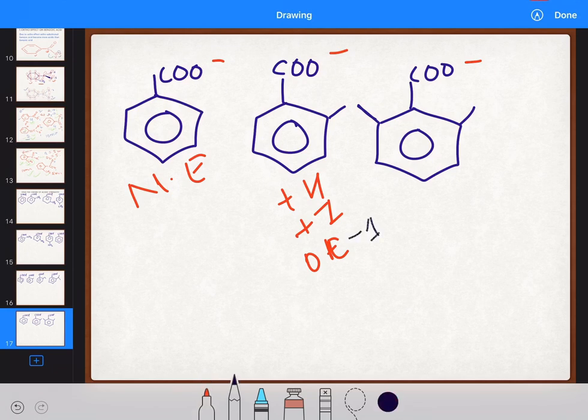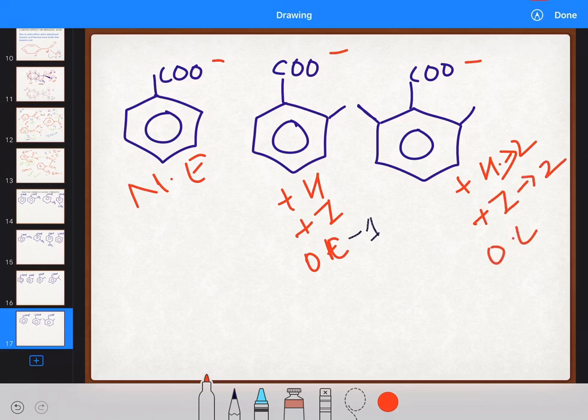Now the second one, we see, this one has 2 plus H effects, 2 plus I effects, and 2 ortho effects, correct. Everything is 2. Now except ortho effect, we will arrange them on the basis of their acidic strength, correct. So applying all the basic effects except ortho effect, I am removing ortho effect.